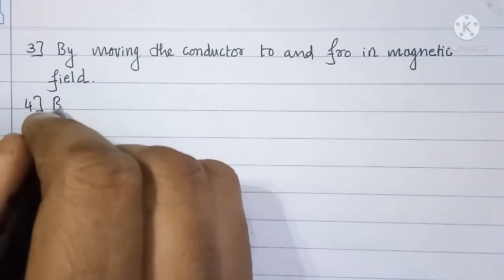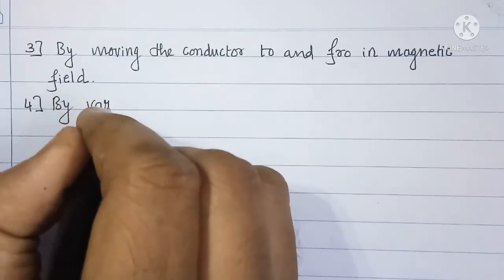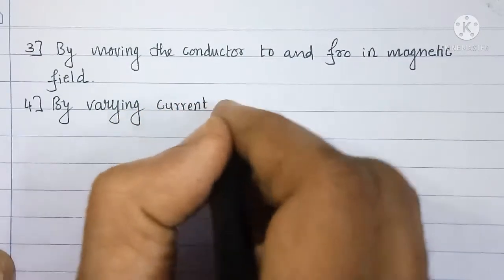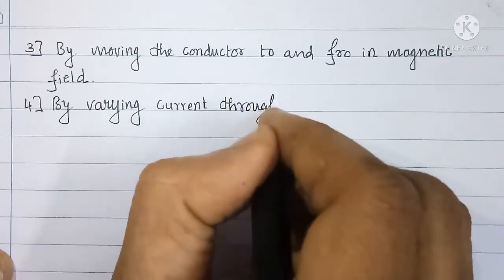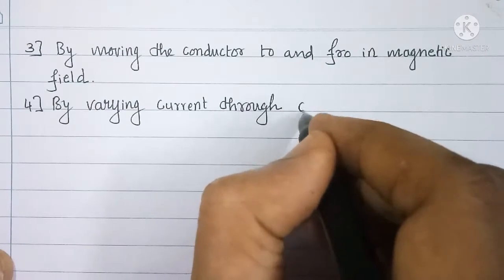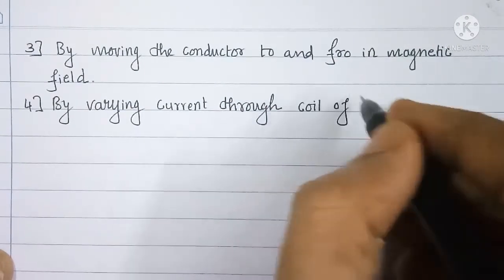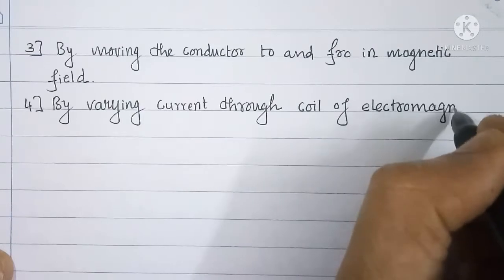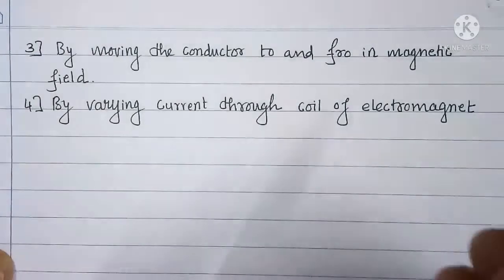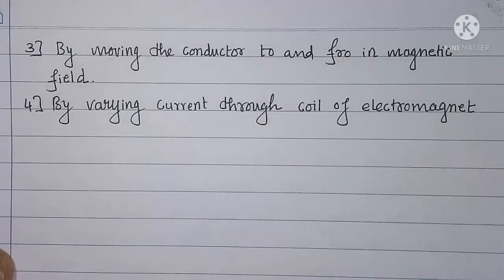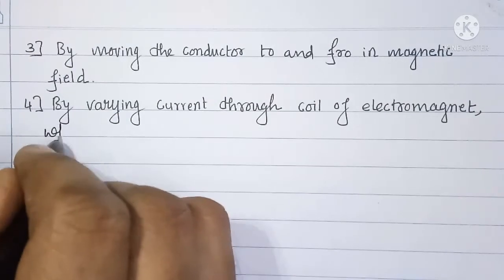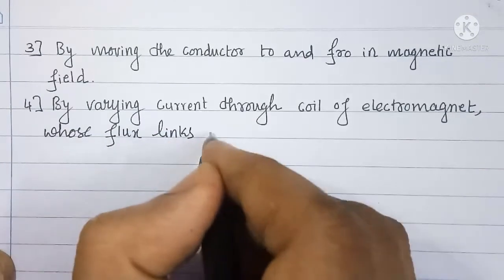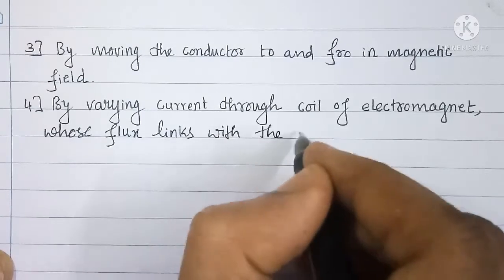Fourth one, by varying current through coil of electromagnet whose flux links with the conductor.